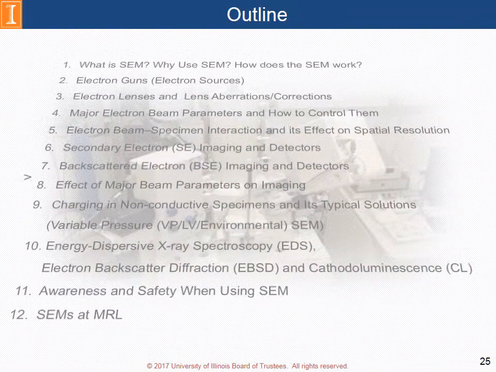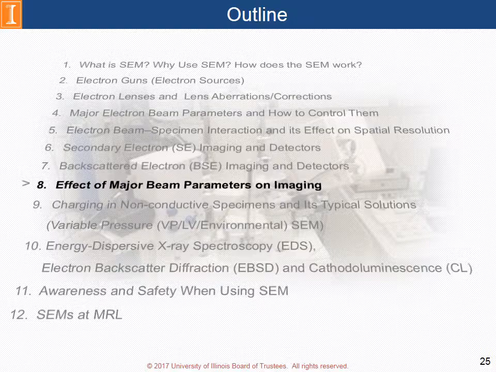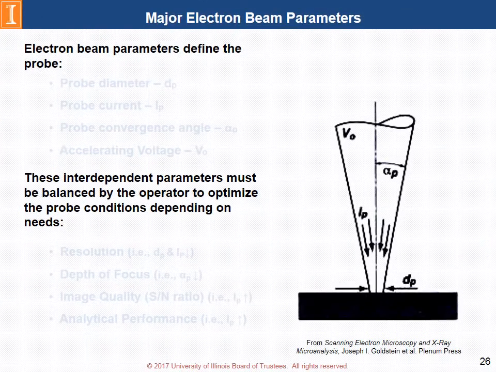The next topic is the effect of major beam parameters on imaging. As we discussed earlier, there are several electron beam parameters over which the operator has control. It is very important for the operator to optimize the probe condition to get the best result.